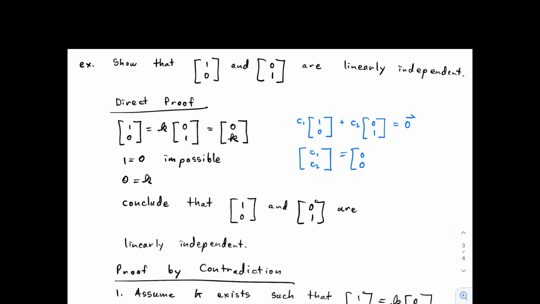And the only solution that exists here is c1 equals c2 equals 0. And by definition, that is showing that the two vectors are linearly independent. So that's to demonstrate that in general, if there is a direct proof of something and there's a proof by contradiction, in the majority of cases, the direct proof is more direct by definition, but it's also shorter and simpler.